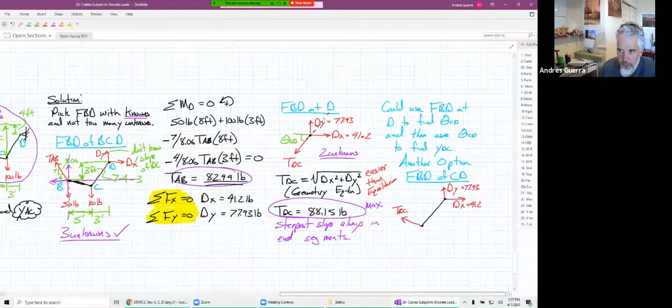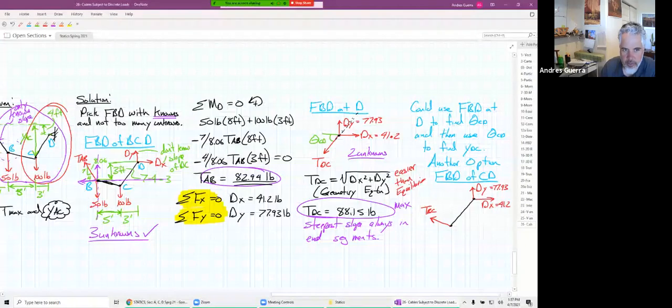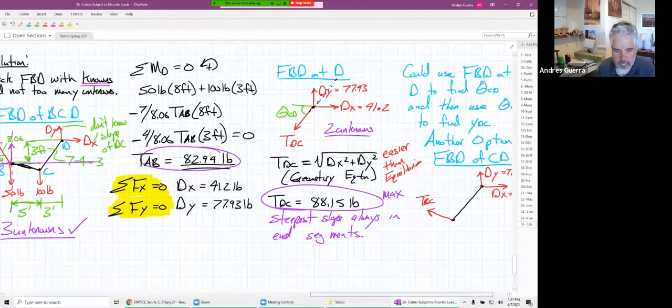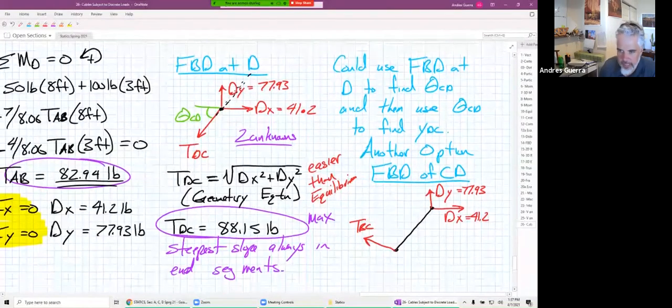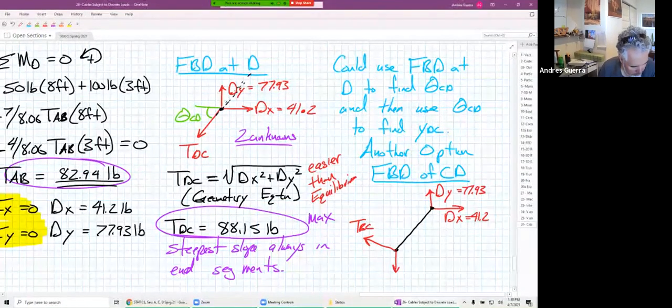Zoom out over here and look, I'm basically doing this FBD in red right there. So C to D, I'm cutting through that B to C, and that's where we get that tension from B to C. We'd have our 100 pounds right there.